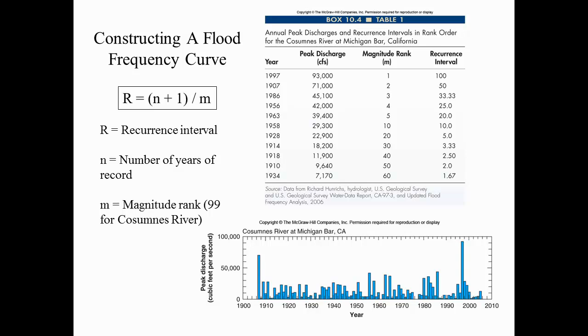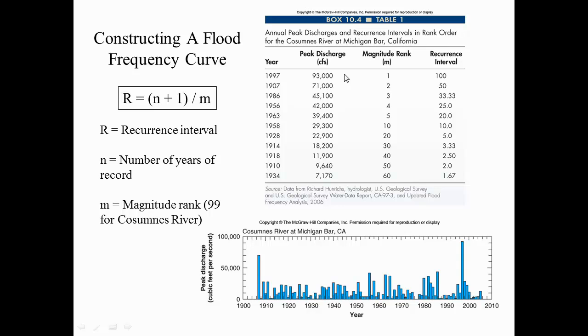And basically, the construction of a flood frequency curve utilizes this simple equation: R equals n plus 1 divided by m. R is what's known as the recurrence interval. N is the number of years on record, and m, the magnitude rank, is basically what's shown in the upper right-hand corner of this table.